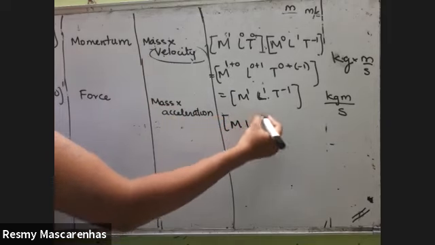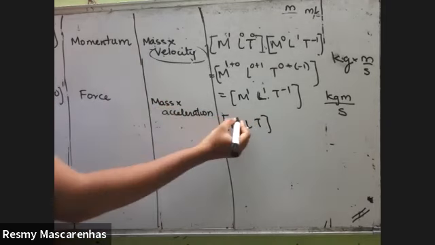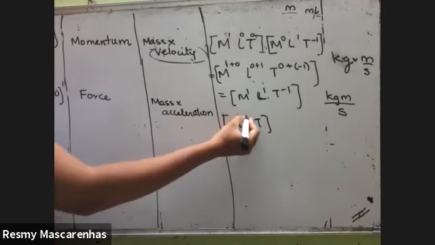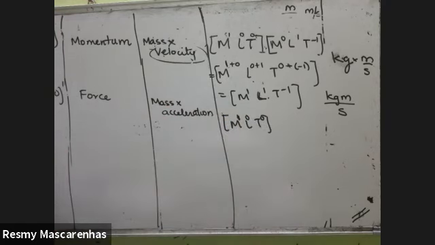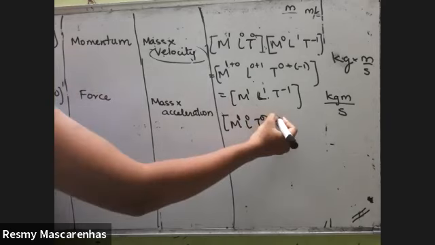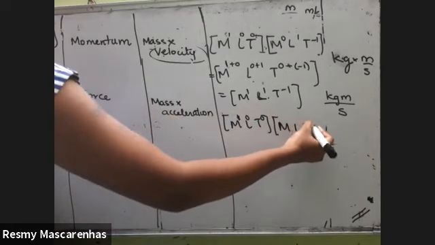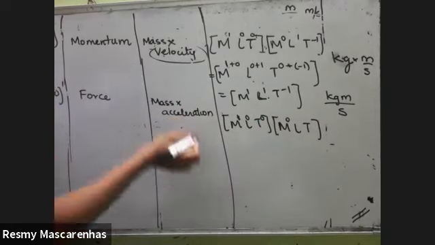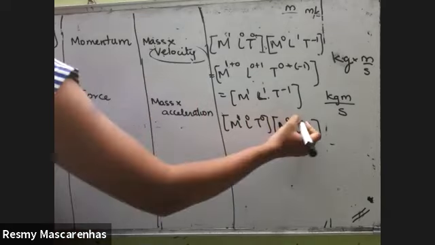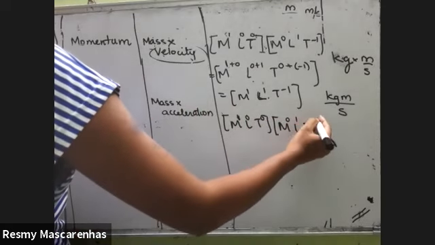M L T. So dimension, this is 1, rest are 0. And acceleration, in 8th one we have already derived. You can just put that. M L T is 0, this is 1, and this is minus 2.